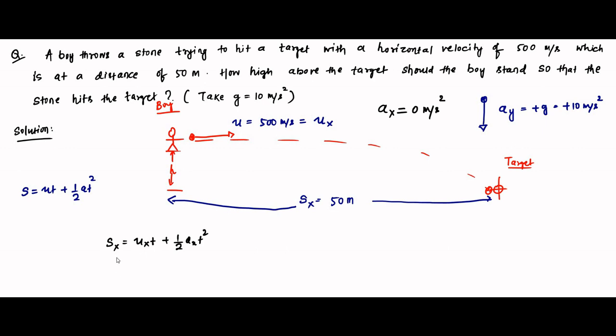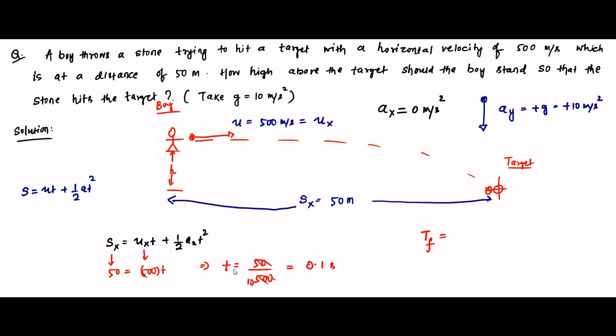So we'll simply put the values, that is 50 is equal to ux, which is 500, into t. That implies t is equal to 50 by 500 equal to 1 by 10, which is equal to 0.1 second. This is the time of flight basically.